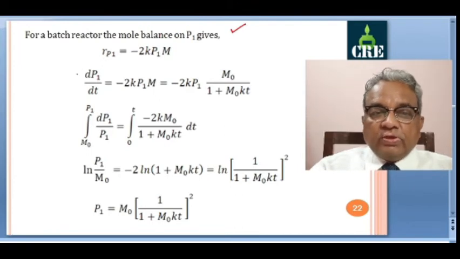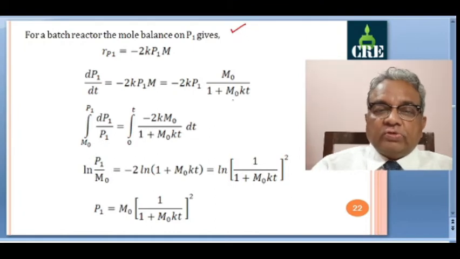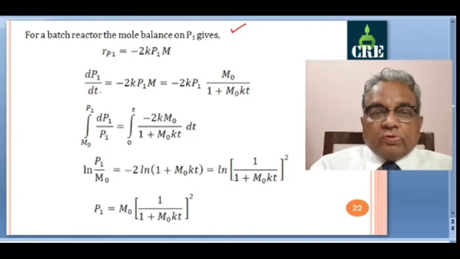So plus Rp1 is plus dP1 by dt, and that is equal to minus 2k P1 m. M is written as M0 by 1 plus M0 kt that we have seen earlier. So separate the variables: dP1 by P1 is minus 2k M0 by 1 plus M0 kt into dt. dt transferred on this side.